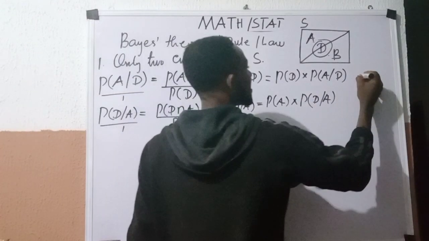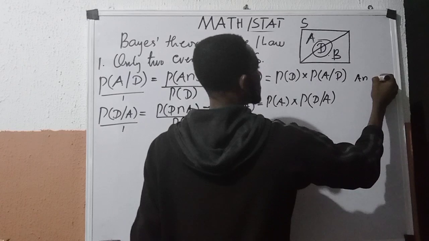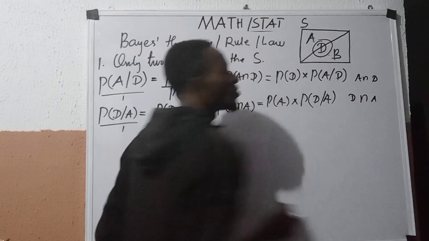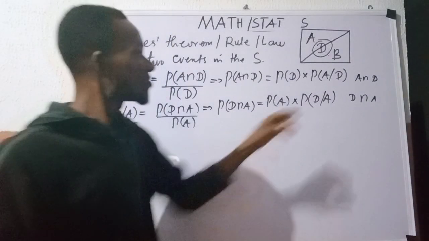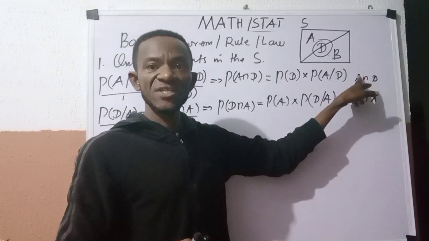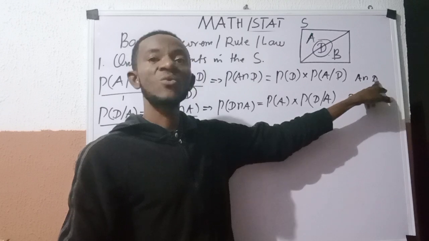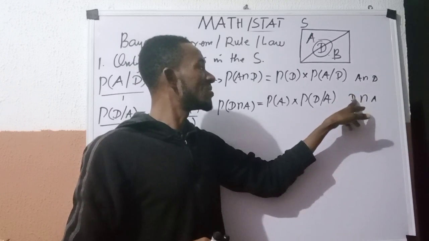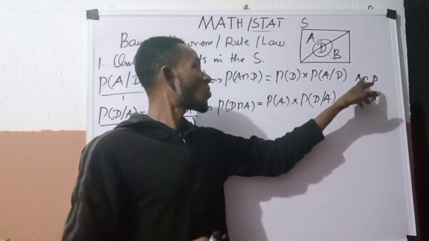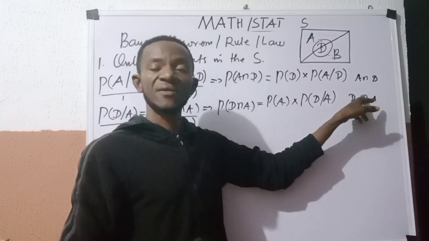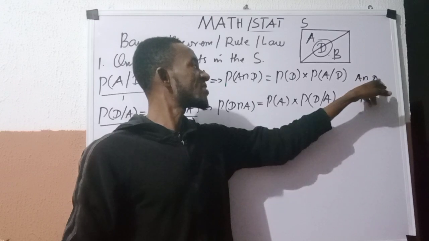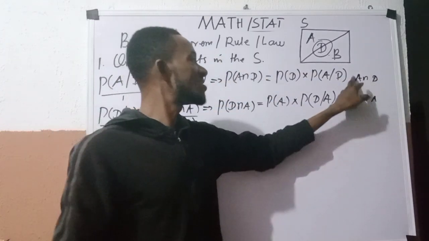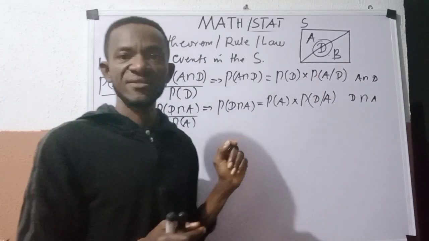If you talk about A intersection D and you talk about D intersection A, you are talking about those elements that are contained in A, which are equally contained in D. If you say those elements that are contained in D, which are equally contained in A, whatever you have here is what you have here. So by implication, A intersection D and D intersection A mean the same thing.